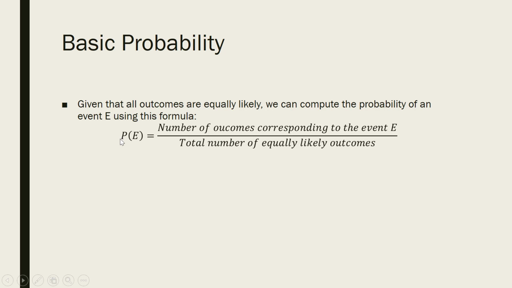So this is not multiplication between the P and the E. This is probability of E happening. And so we calculate that by taking the number of outcomes corresponding to the event E and dividing it by the total number of equally likely outcomes.